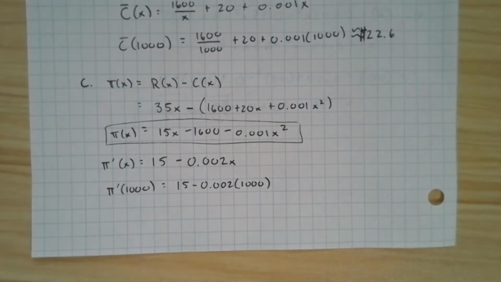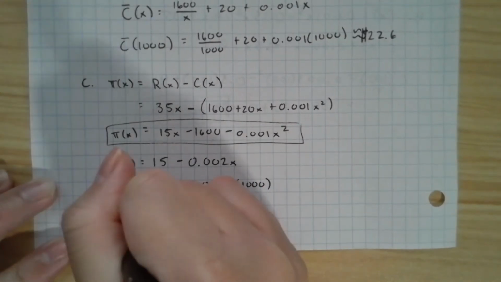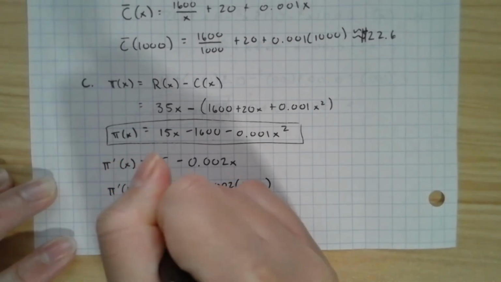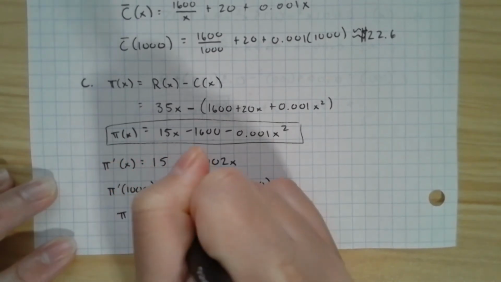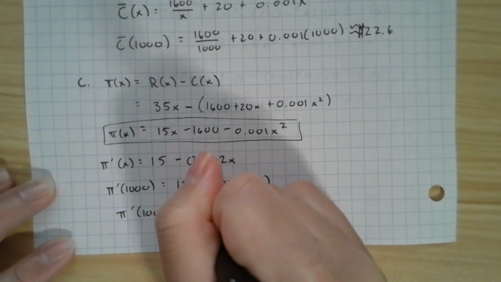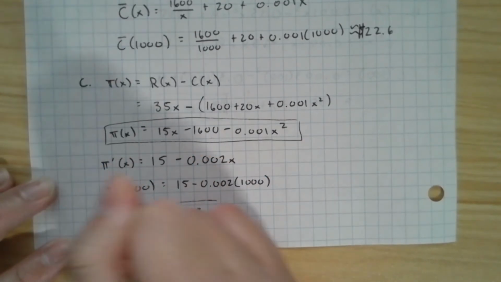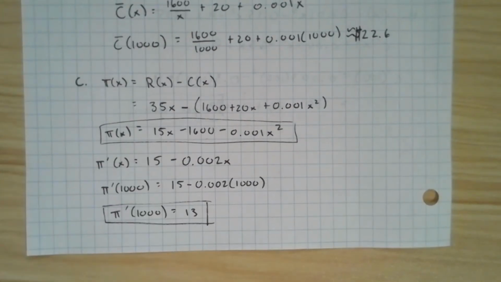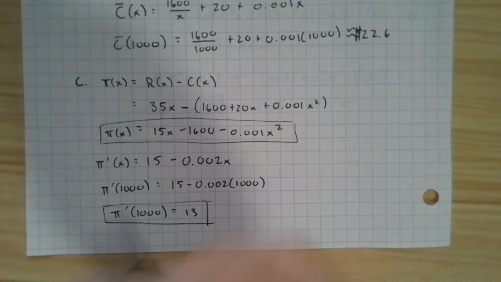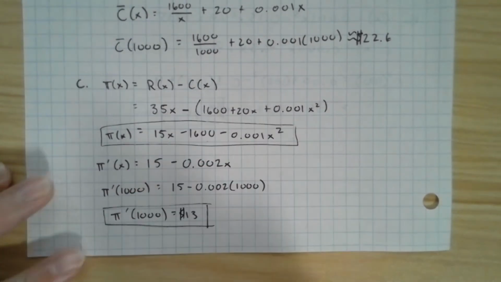Okay, so type this in your calculator, and you'll find that pi prime of 1,000 is 13. So the marginal profit at 1,000 monitors sold is $13. I keep forgetting my dollars.